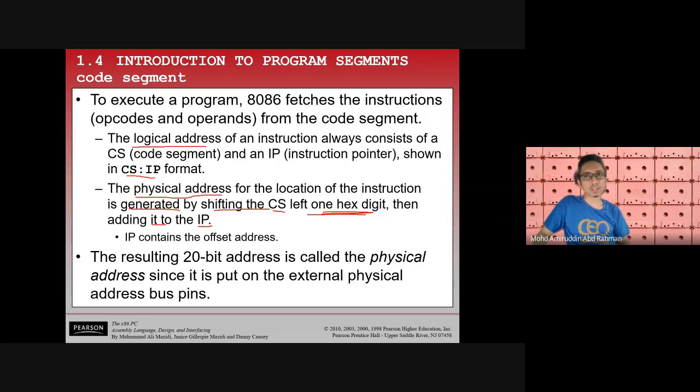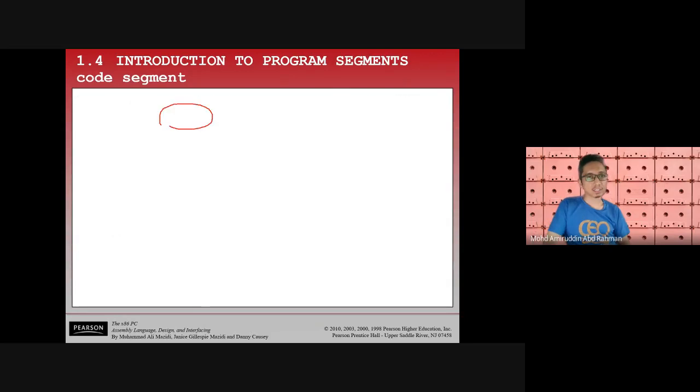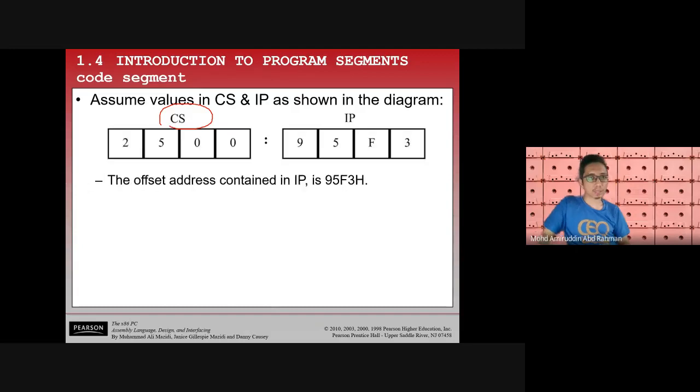The IP contains the offset address, so this is the offset address, and this is the logical address.